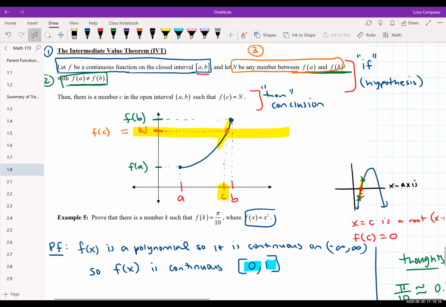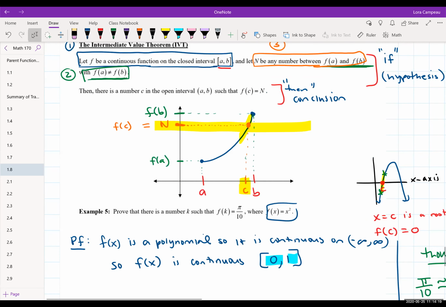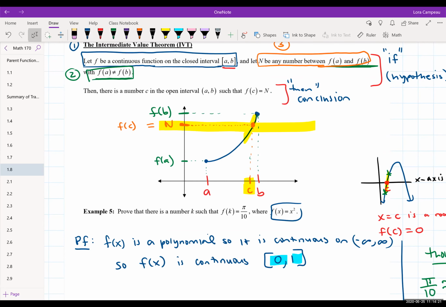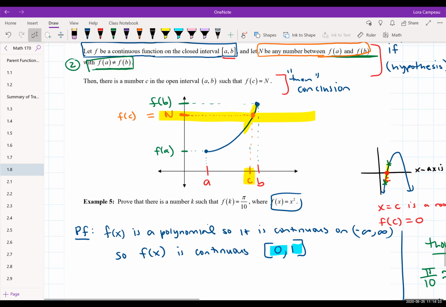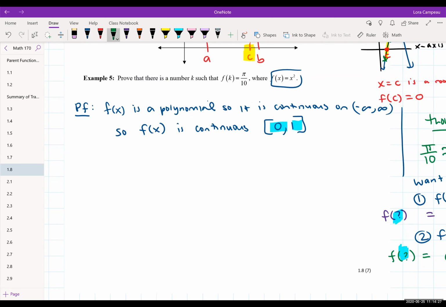Now, what I'd like to do is have some sort of statement that the function evaluated at those endpoints, f of 0 and f of 1, are not equal values. And according to what our statement is, they aren't. So the function evaluated at 0 is not the same thing as the function evaluated at 1.